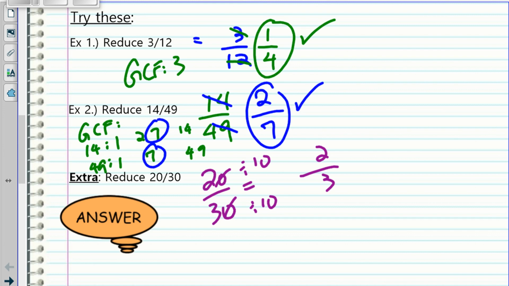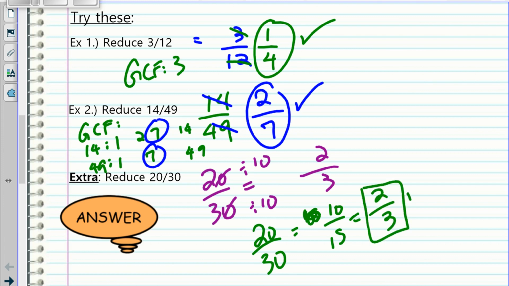However, should you choose a slower method, which is fine, you'll get the correct answer. Let's say I know that these both are even numbers, so that would be 10 over 15, and then you can reduce it further. 5 goes into 10 twice, 5 goes into 15 3 times. Same answer.